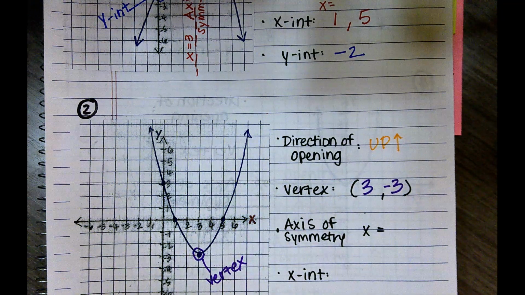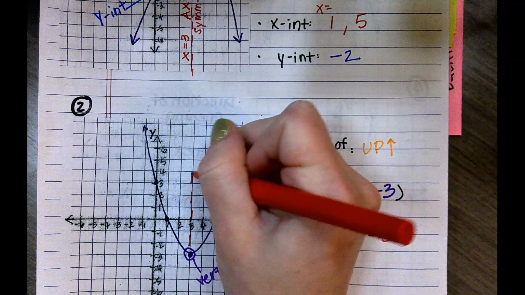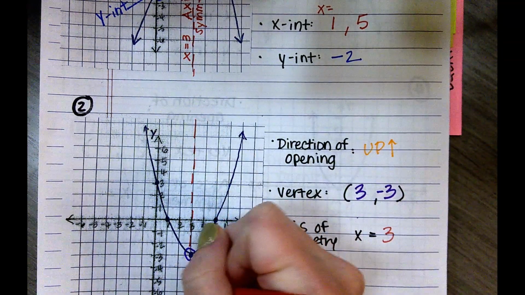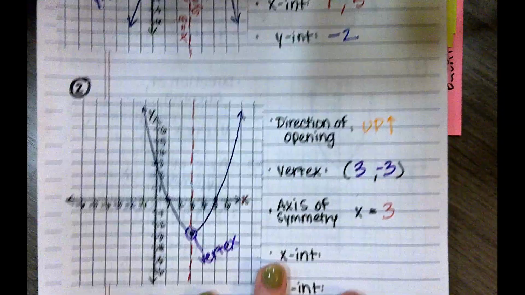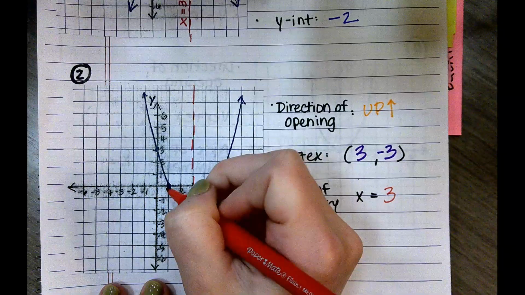What is my axis of symmetry? 3. Good. We go through 3 on the x-axis. X-intercepts? 1 and 5. Good.